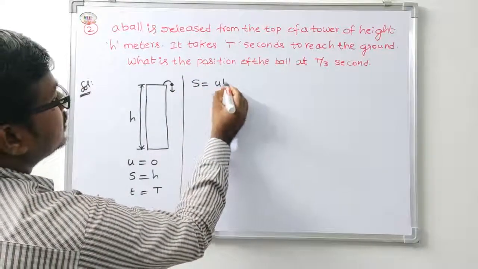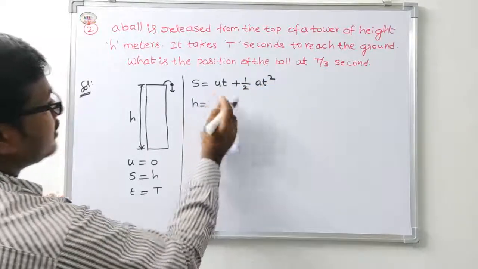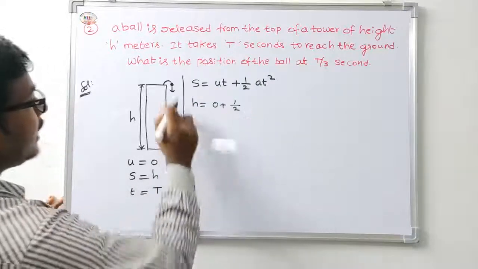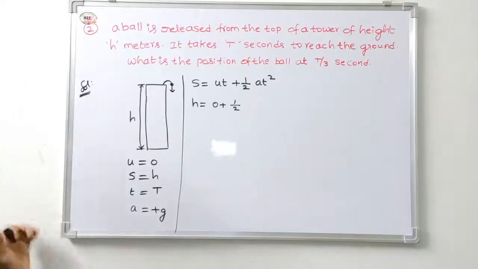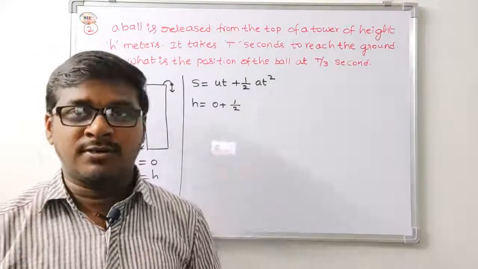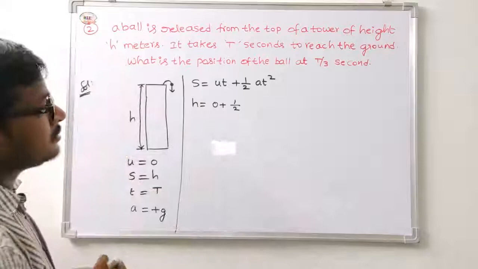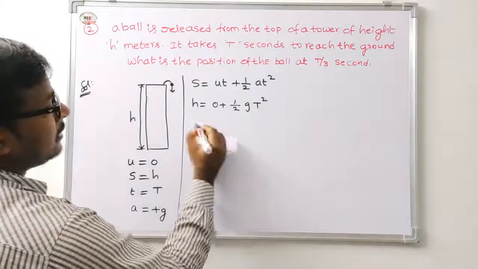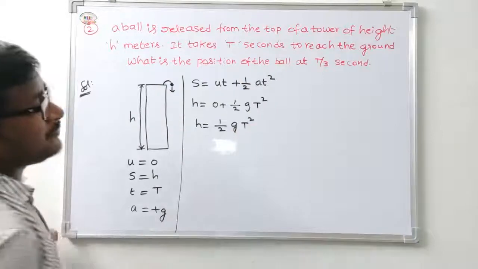S is equal to H. The u value is 0, so 0 plus half into a. In the freely falling case, one more value, students: a is equal to plus g, because the direction of motion is always vertically downwards, so acceleration is plus g. Then H is equal to half g T square.